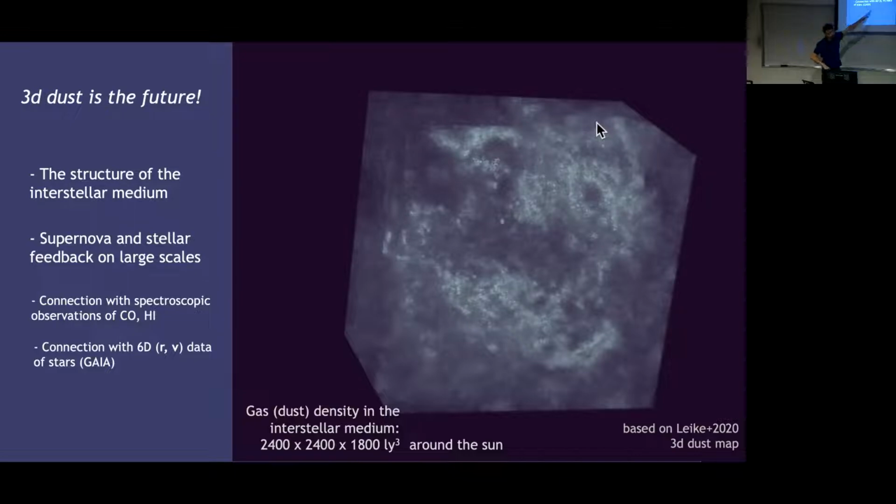It's not easy because you don't have these observations in the dust. So you have two separate data sets that you somehow have to combine. But if you do, then you get 4D. You have the 3D plus velocity along the line of sight. Then you can constrain the kinematics much better. And finally, the connection with the stars themselves, which then go supernova, where you also now have 6D information from Gaia. We have the 3D plus the velocities on the sky and radial velocity.